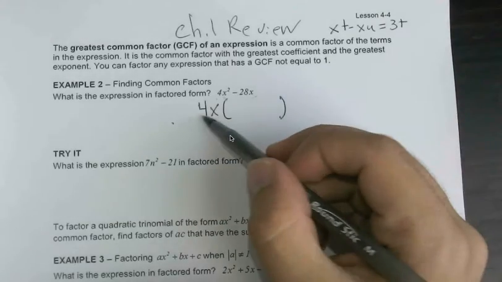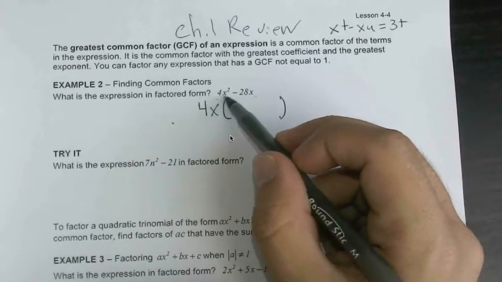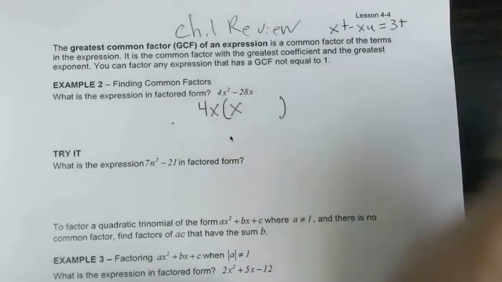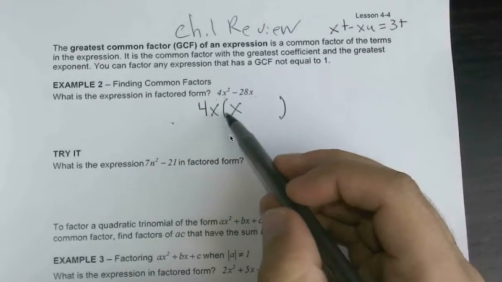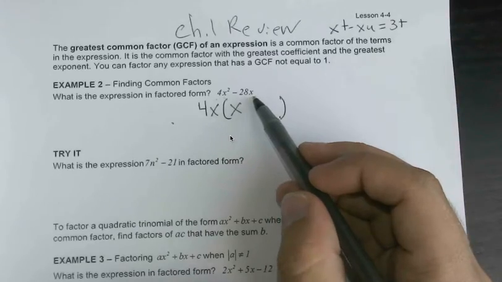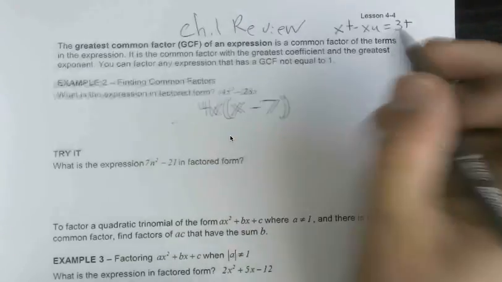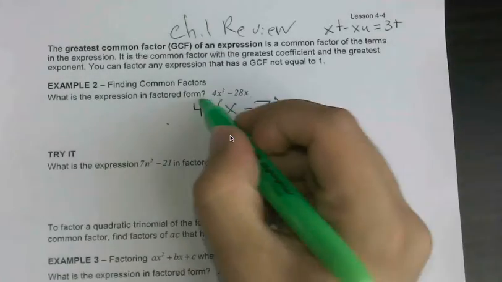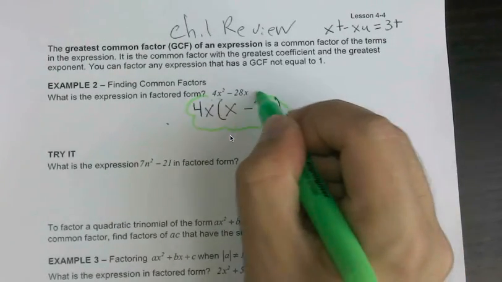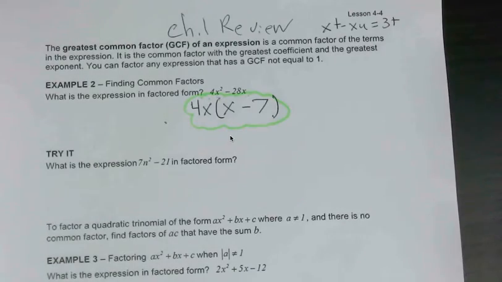Well, we're thinking, what times 4x gets us 4x squared? This would have to be x. And then also, what times 4x gets us negative 28x? This would have to be negative 7. And we can't do anything else from there. But we can always check our work by distributing, so keep that in mind. I'll give you a moment for the next one.